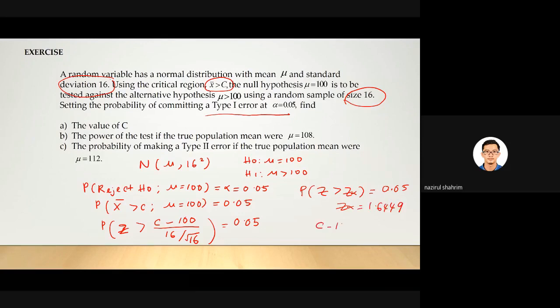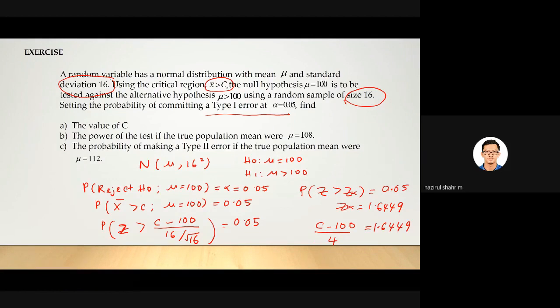Okay, next you solve. C minus 100 divided by 16 divided by 4. So 4 equals to 1.6449. Okay, cuba compute what is the value for C. Okay, so you have 1.6449 times 4, plus 100.